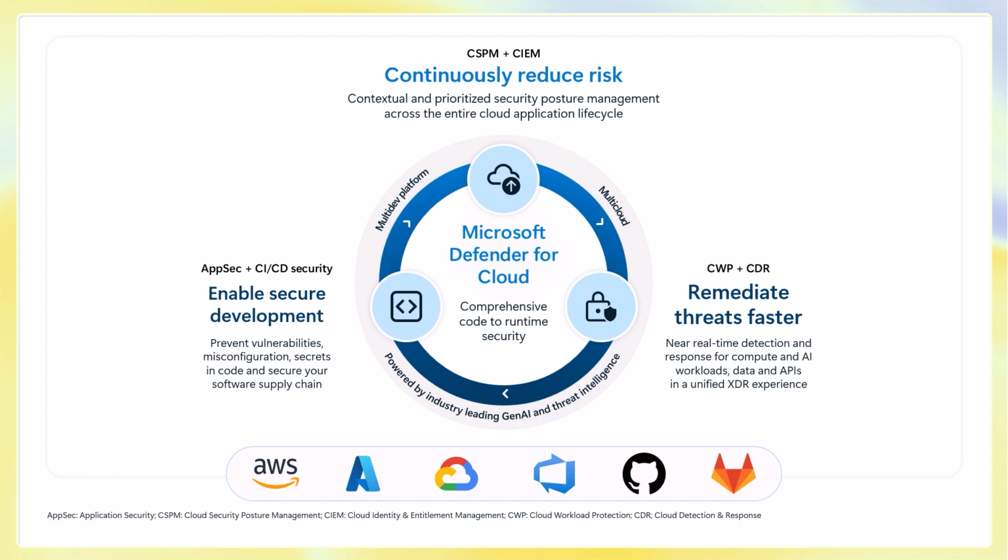This helps us detect those misconfigurations and helps you resolve them at scale. Lastly, at runtime, with Cloud Workload Protection and Cloud Detection and Response, we're helping you remediate your threats faster, meaning we have near real-time detection and response for compute and AI workloads, data and APIs in a unified XDR experience.